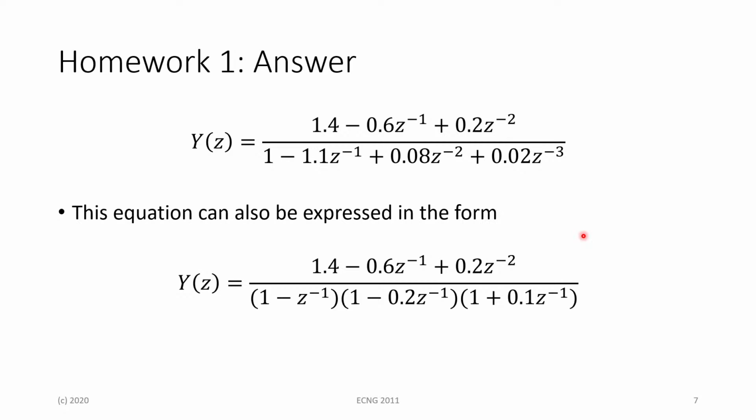I understand that some people do have trouble dealing with negative powers. The simple way to go about this is to say that x equals z to the minus 1. It implies that x squared will be z to the minus 2, and x cubed will just be z to the minus 3.